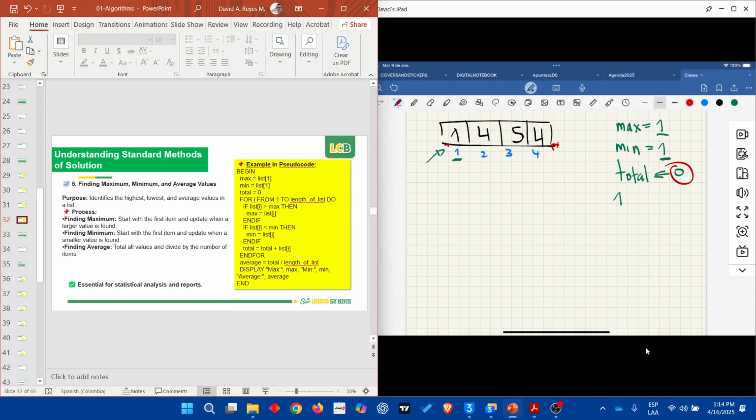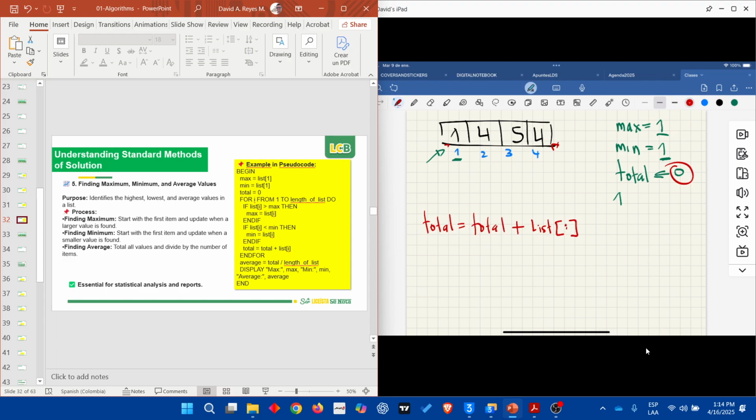Sorry. So now total is 1. Why? Because the initial value of total is 0, and the software is asking me to do something like this. Total is equal to total plus the item that we have in the list in this position.